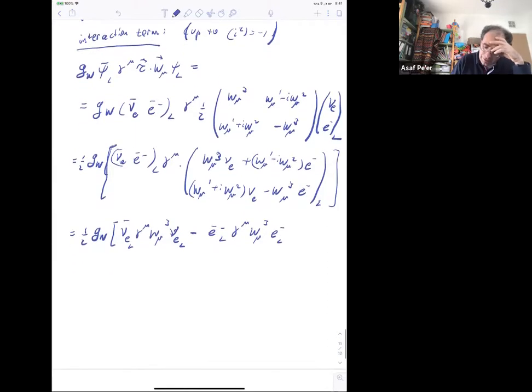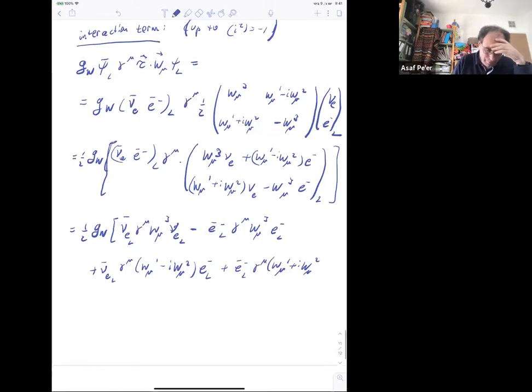And then we have the mixed terms that mix the neutrino and the electron. So this would be plus ν̄_e left γ^μ (W_μ^1 minus i W_μ^2) e, then plus ē left γ^μ (W_μ^1 plus i W_μ^2) ν_e left.